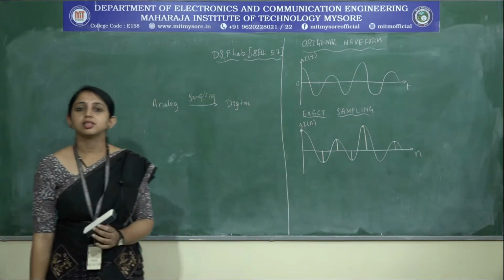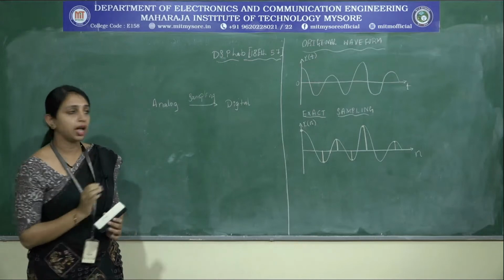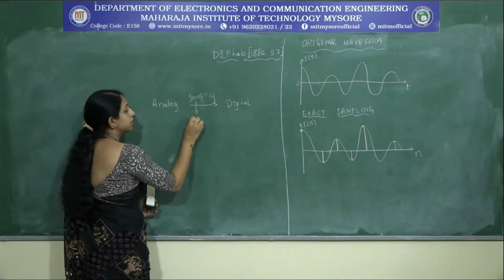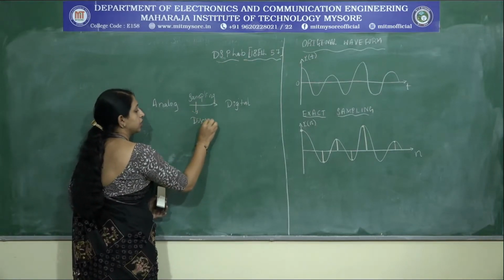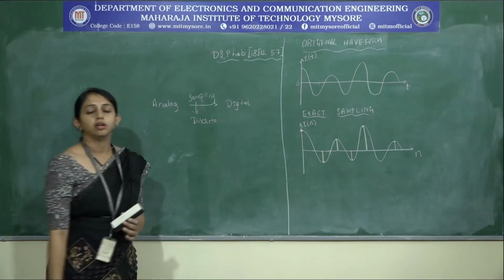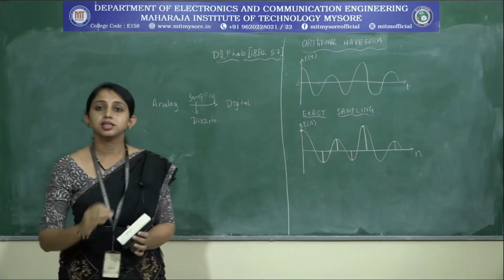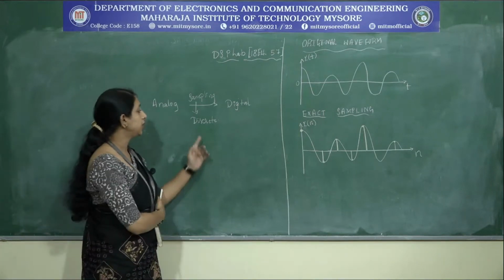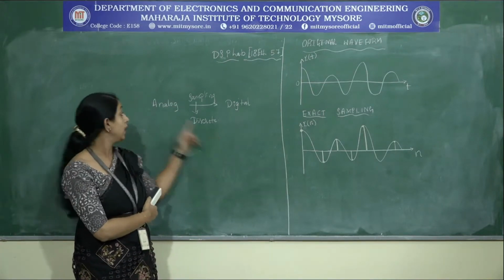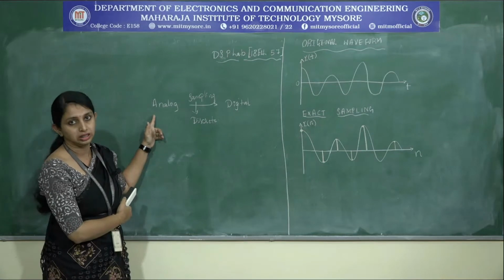At the sampling end, we are going to get an output as discrete. So after the sampling process, we get a discretized value of the analog signal.